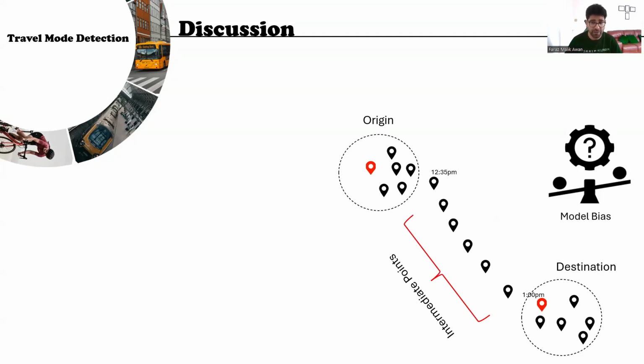These intermediate GPS points are very important because some of the attributes such as speed, acceleration, and angular deviation that were used to train our machine learning models could be calculated only if these intermediate GPS points are available. If any particular trip doesn't have these intermediate GPS points available, our machine learning model cannot be applied on those trips. Now, the question is, why won't these intermediate points be available?